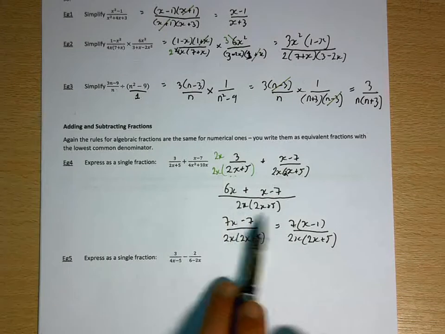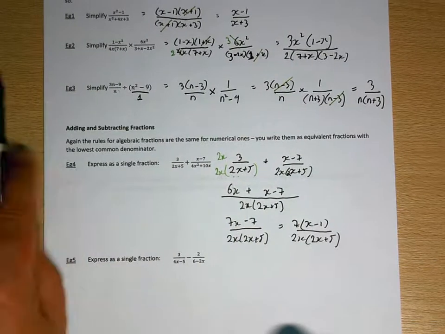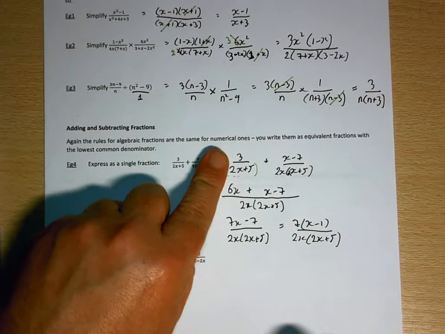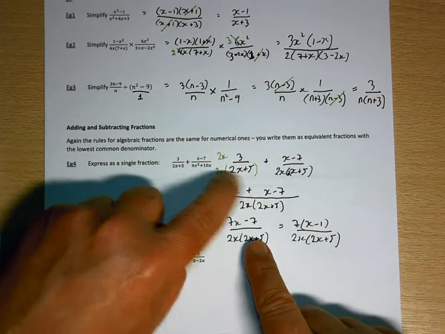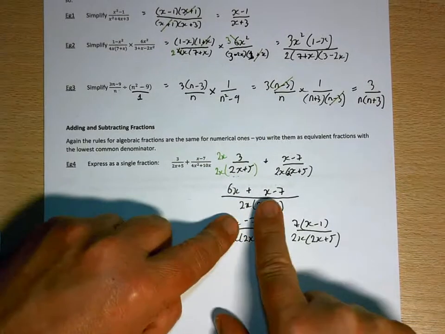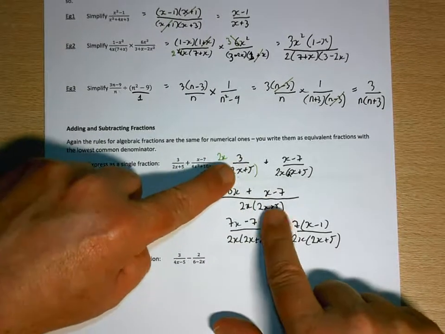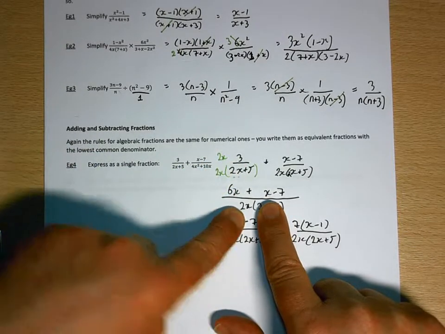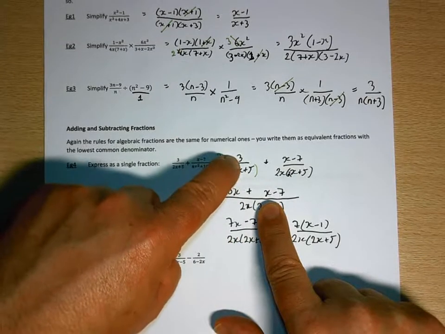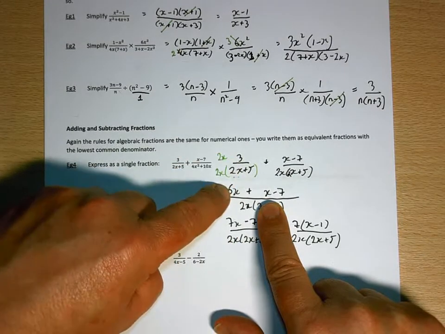The bit in green there, once you've decided what that's going to be, another way of doing it is to say, right, if I'm dividing this into that, what's left? So 2x plus 5 is going to cancel with that, leaving you 2x. That is then what you have to multiply by 3.